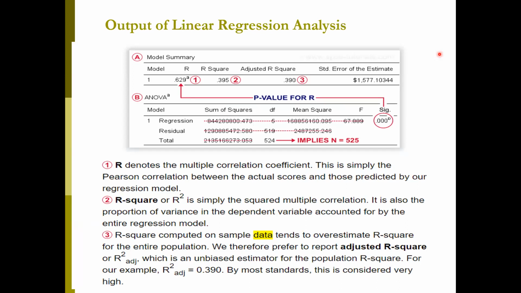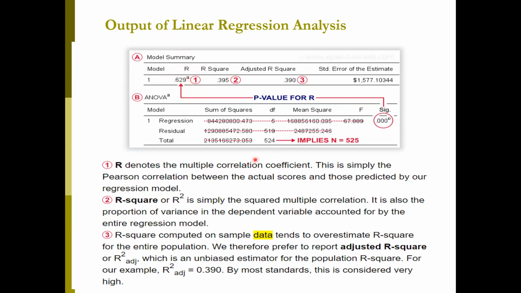Remember, since it's a multiple linear regression, our R is a multiple correlation coefficient. It has the same interpretation. In this case, it is 0.629.